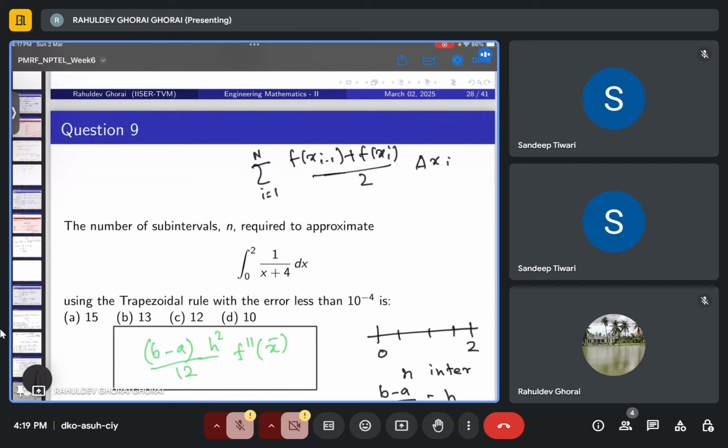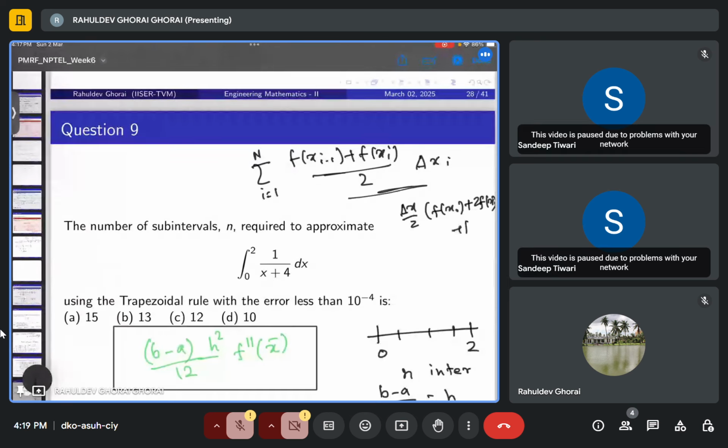Now, if only 2 points are given, the summation will be only 1 point. If you have 3 points, it will be del x by 2 times f of x naught plus 2 f of x1 plus f of x2. Right? That is what you were asking. It is easy, this is coming from this formula.